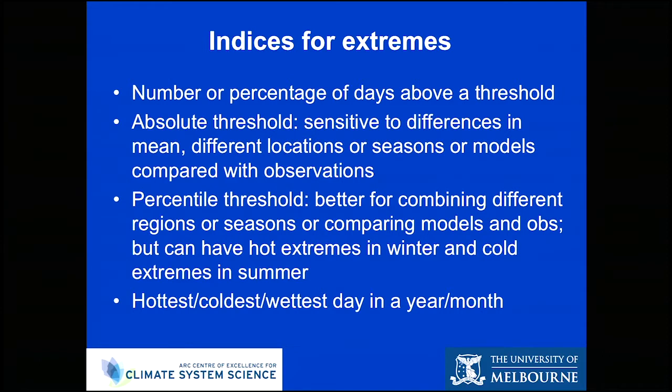Models tend to have more light rain days and fewer extreme rainfall days. So if you're looking at absolute thresholds, you can end up with very different answers. The same with temperatures. And part of that can be associated with the spatial distribution. The topography is not often represented well.